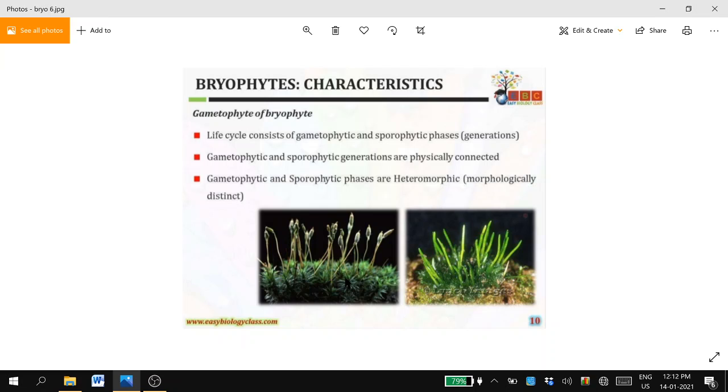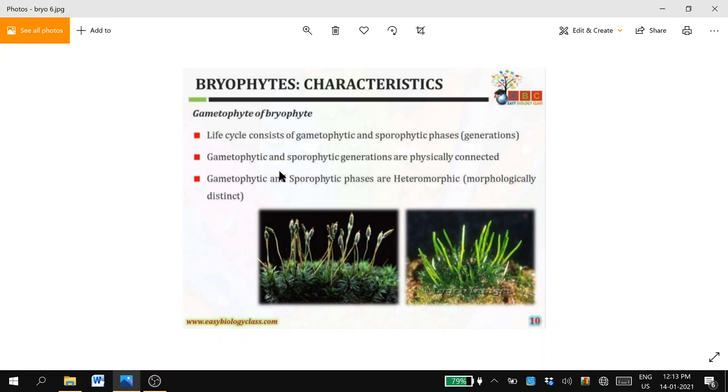As we can see in this diagram, this is the gametophytic plant body and this is the sporophyte. These erect structures are sporophytes and this flattened structure is the gametophyte. Both are connected with each other physically, and we can see in this diagram that the sporophytes are connected with the gametophytic plant body.